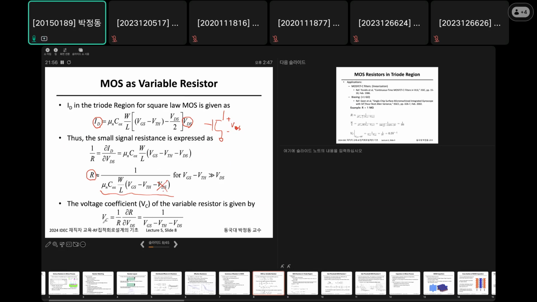As can be seen here, this voltage coefficient is a strong function of VGS and VDS, which is not good for precise control of any resistor.